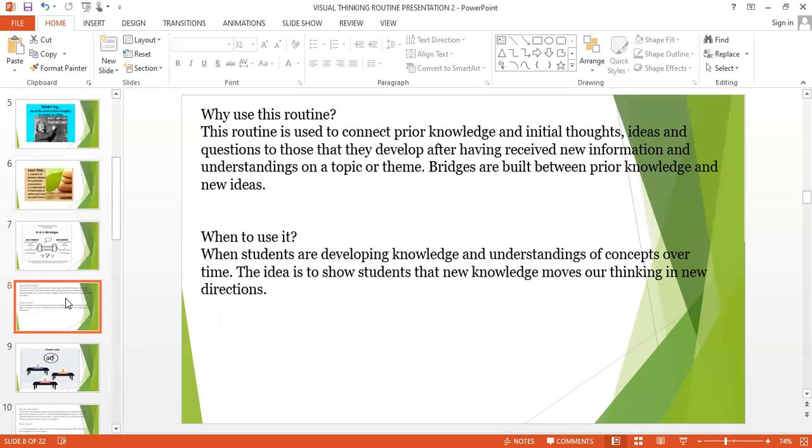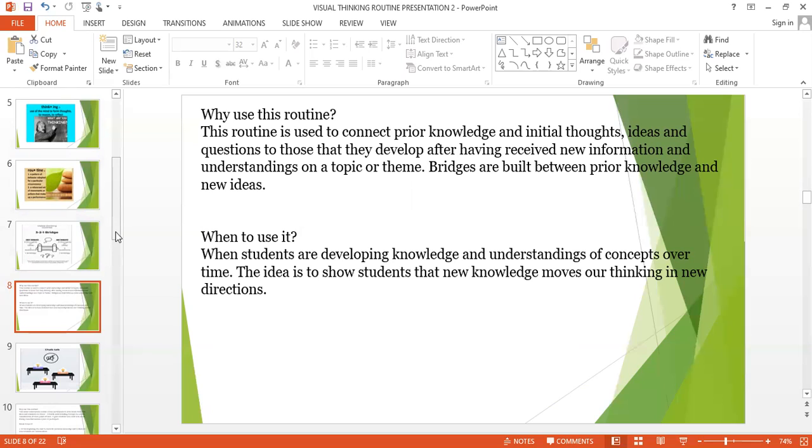Bridges are built between prior knowledge and new ideas. So this routine actually works as a bridge which connects students' prior knowledge and the new information which they are going to get in the unit.